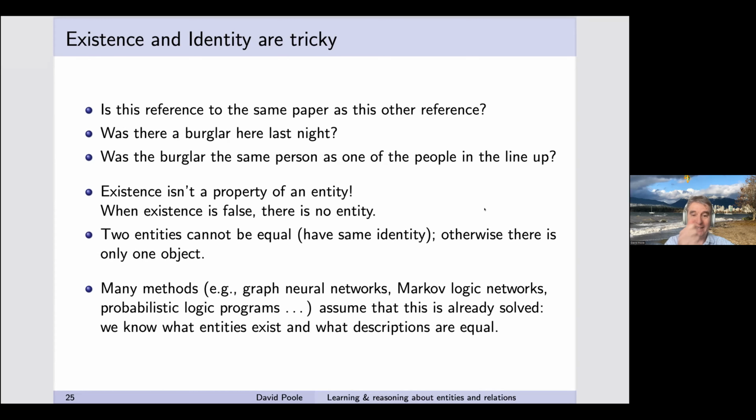We know what entities exist and what descriptions are equal. So as soon as we start using these other methods, we've already assumed that we've solved existence and identity. We sort of brushed those under the covers and said, let's sweep these under the rug and work on simpler problems.